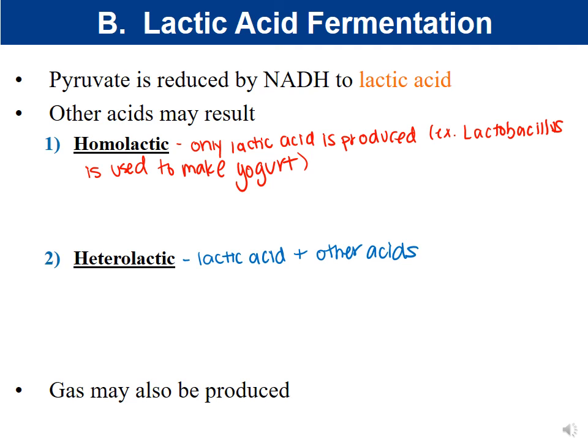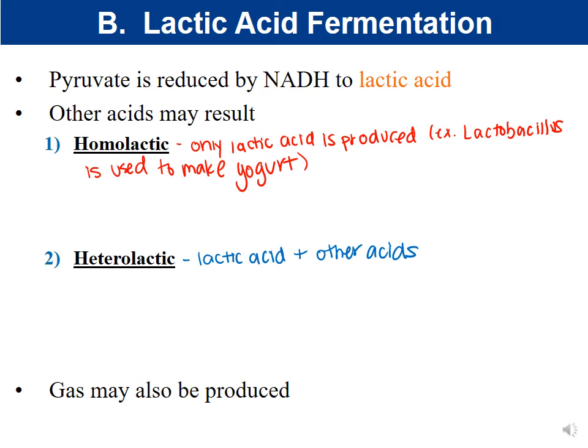Swiss cheese, for example, would contain propionic acid. Sourdough is sour because there are bacteria that produce acids that make the bread sour. And so we have heterolactic. Heterolactic means that they form lactic acid and other acids as well. And in some cases, gas may also be produced.